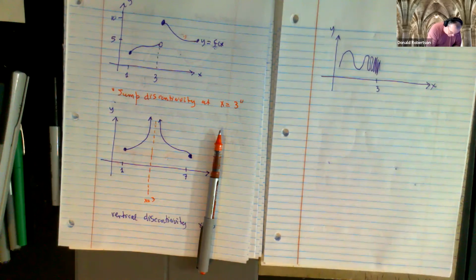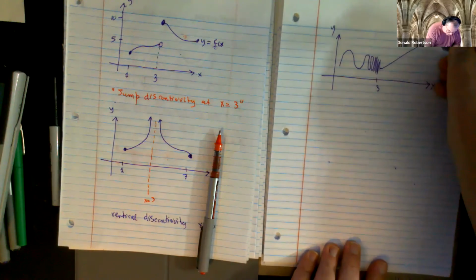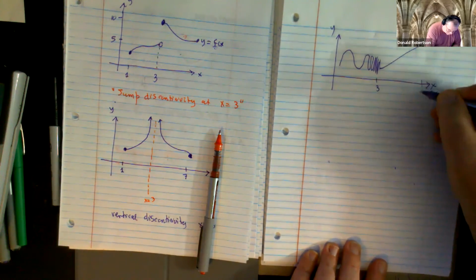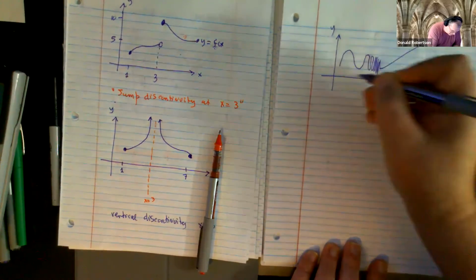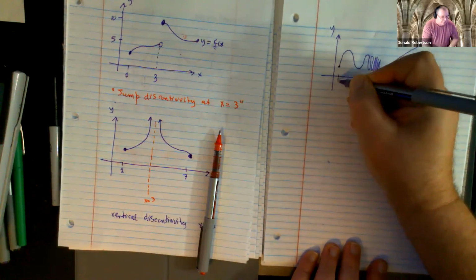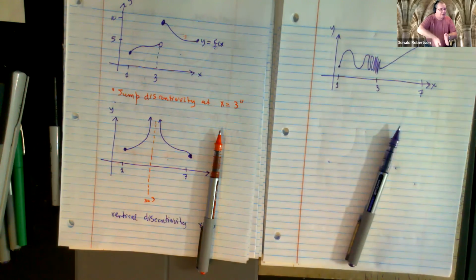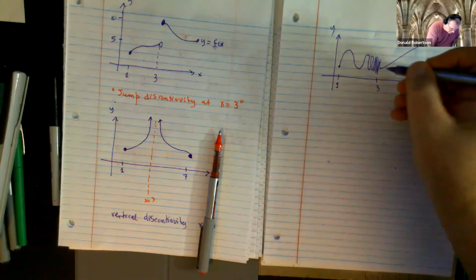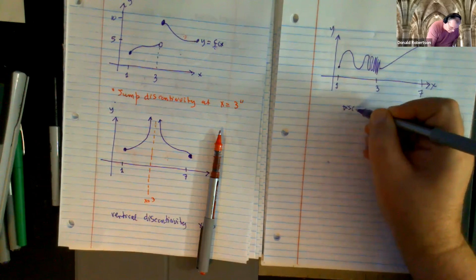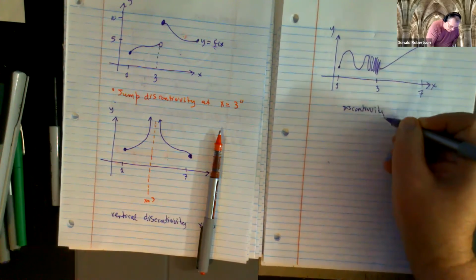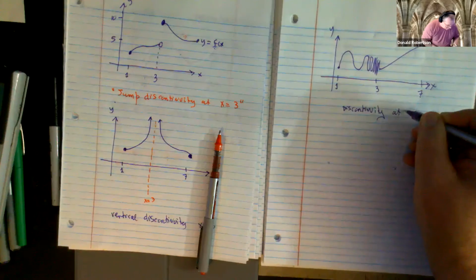And then maybe on this side, it did something really, you know, nothing too special. And nothing much happened at this side. Do you know one of those graphs where the function never actually gets anywhere? It goes closer and closer to 3 the more times it jumps up and down. That has a discontinuity at x equals 3.